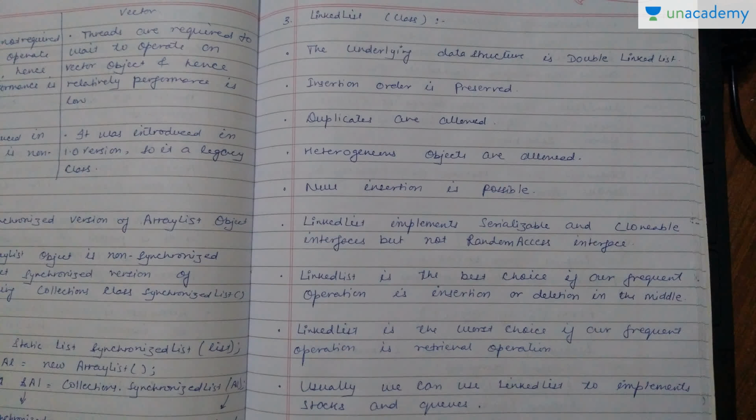If we want to retrieve an element at the 7th index, and the total collection has 10 elements, then to get that 7th element we need to go through all 6 elements before it, and only then can we get to that 7th element. So this is why it's so. Usually we can use LinkedList to implement stacks and queues.